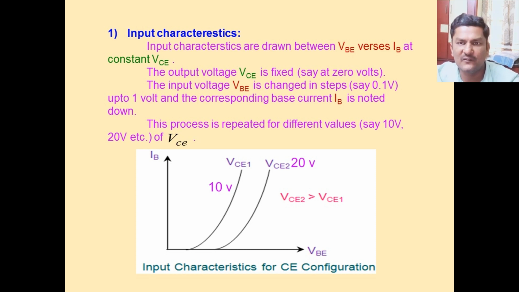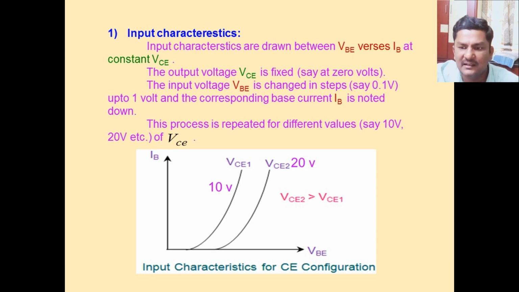In the case of NPN transistor, the input voltage is VBE, input current is IB, and VCE is output voltage. VCE is kept constant, and this graph represents 10 volts, this graph represents 20 volts. Okay, so at a certain value of VBE, the IB value is observed.